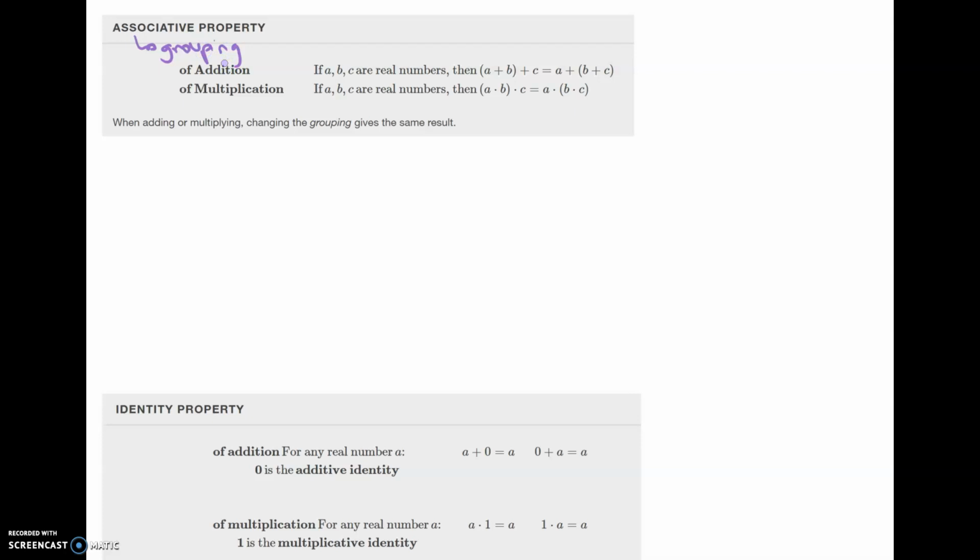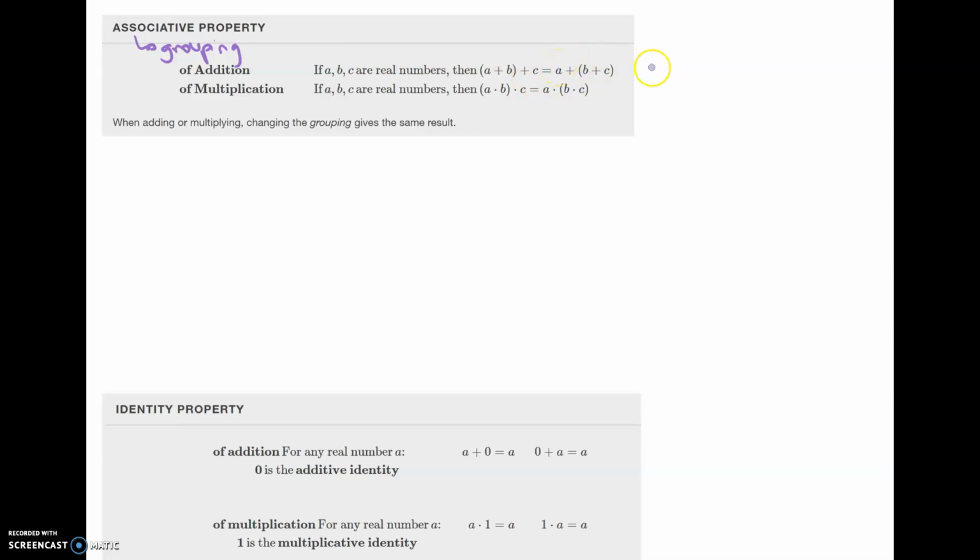And for grouping in particular, we show that with parentheses. So if I were to group A and B and add those first and then add C, that would be the same thing as if I were to add B and C first and then add A.